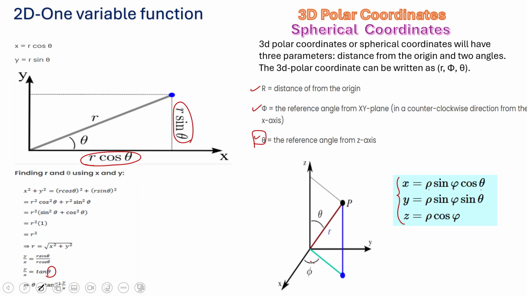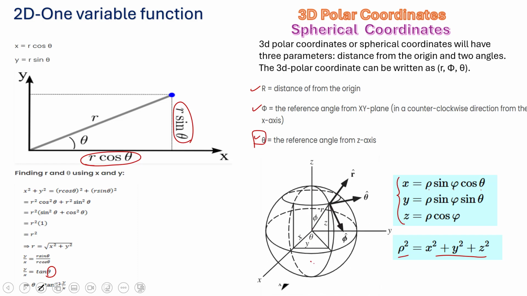If you would like to change from Cartesian to the spherical, you have the relation between these two because you have x, y, z, right? This is why I start with the Cartesian or rectangular coordinates. So now, if you have x, y, and z, you can have rho, theta, phi. If you have rho, theta, phi, you can have x, y, z, right?